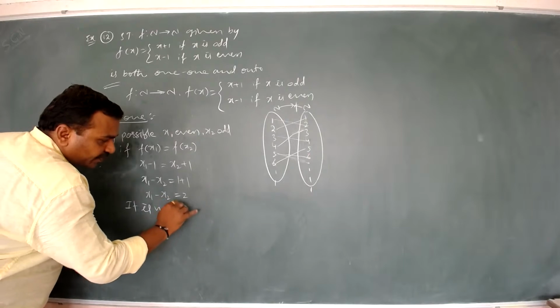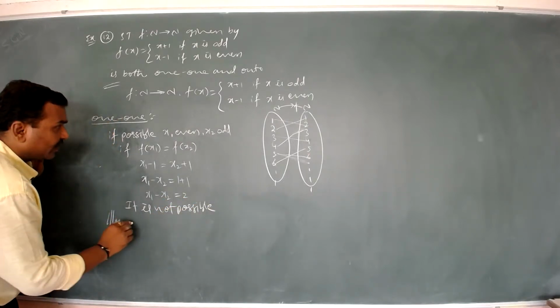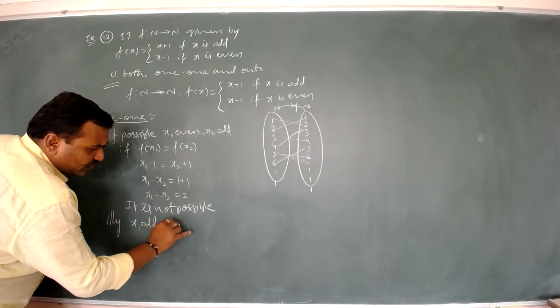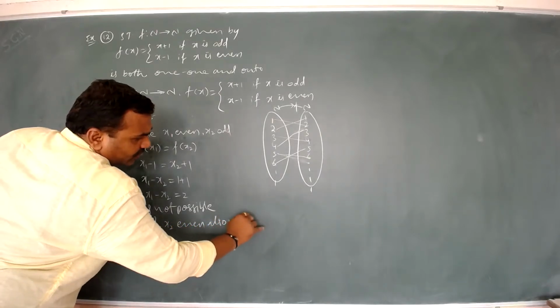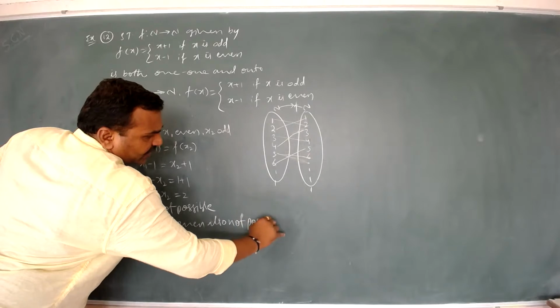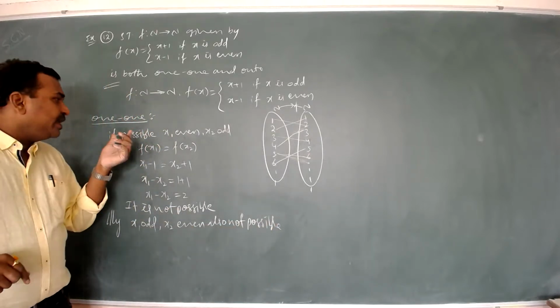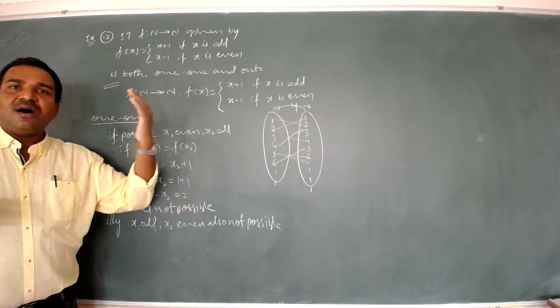Similarly, x1 odd, x2 even also not possible. Correct? These are not possible. So compulsorily both x1, x2 must be either even or odd.